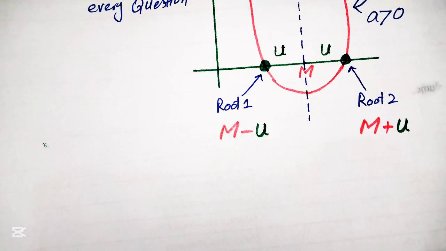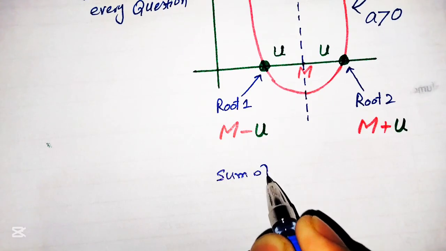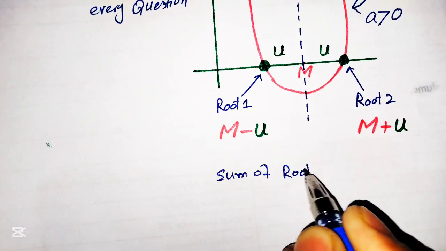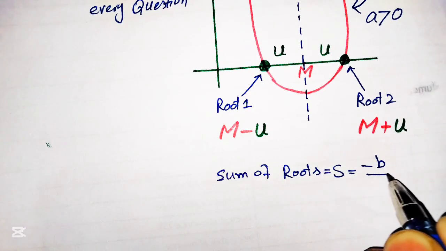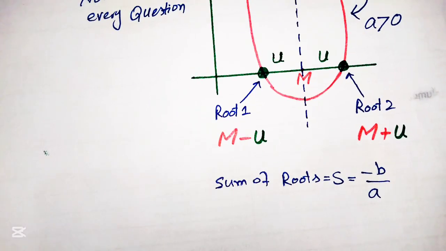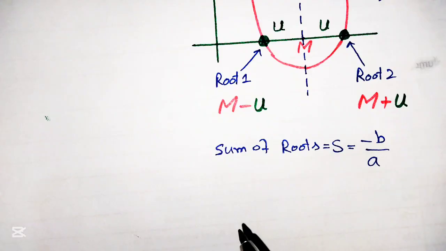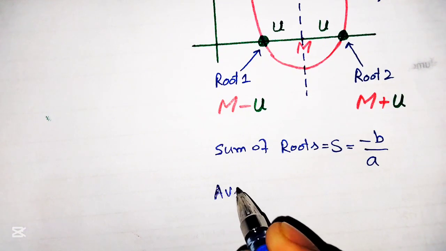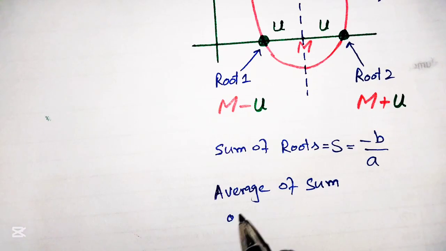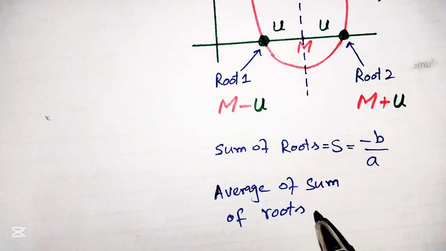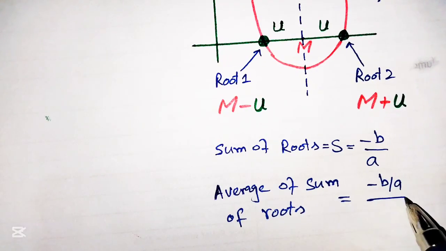Now as we know, the sum of roots is equal to S, which is equal to minus b over a for the standard quadratic equation. If we take the average of the sum of roots, it will be equal to minus b over a over 2.